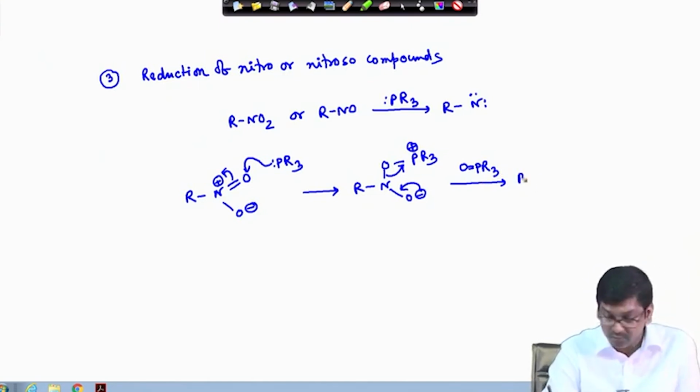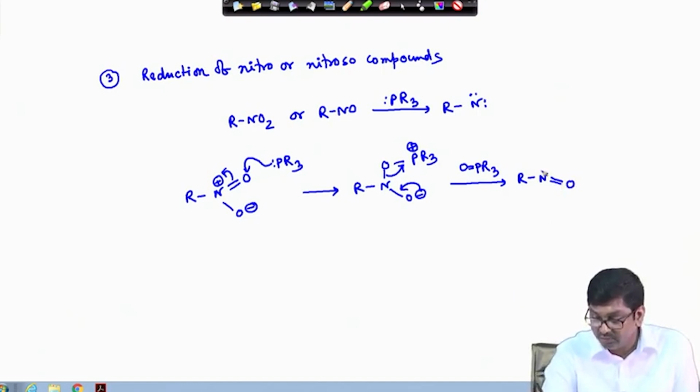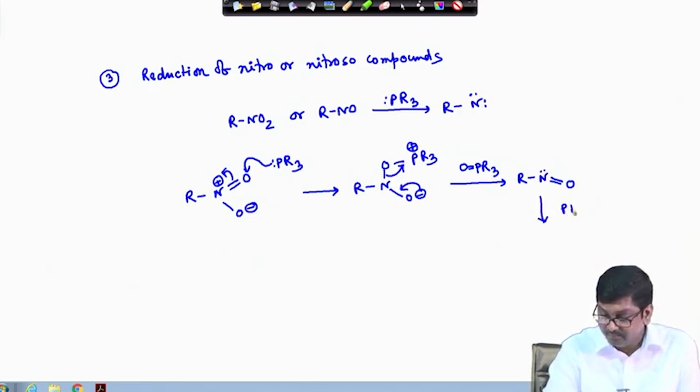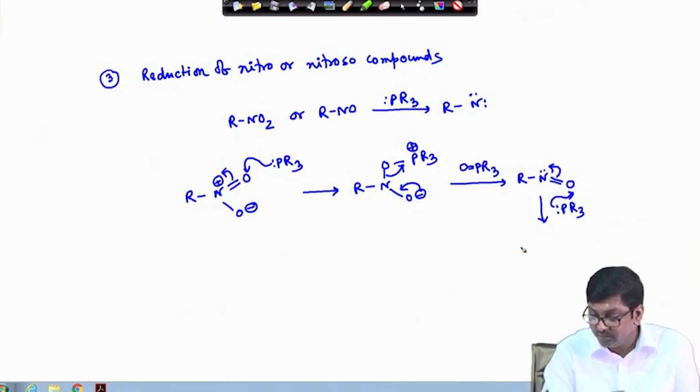Okay. So, once it will be eliminated, then what will it form? It will form the corresponding nitroso, and once you have this nitroso, then again in presence of phosphine, okay.